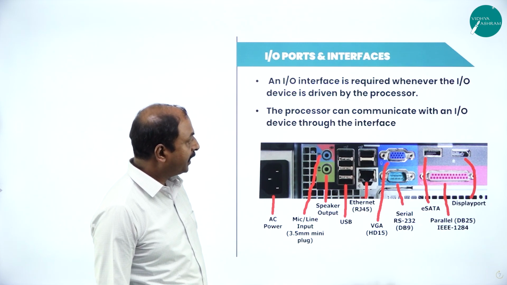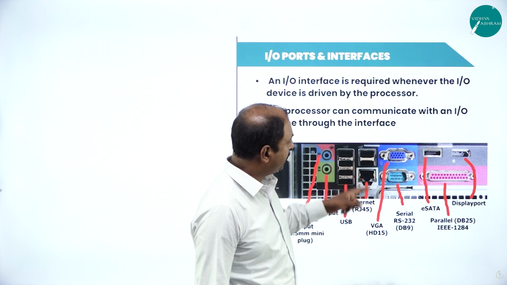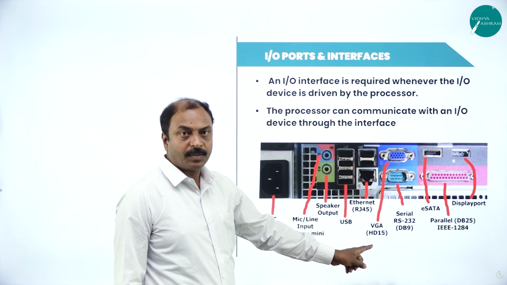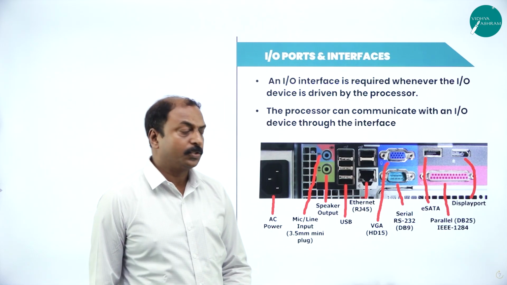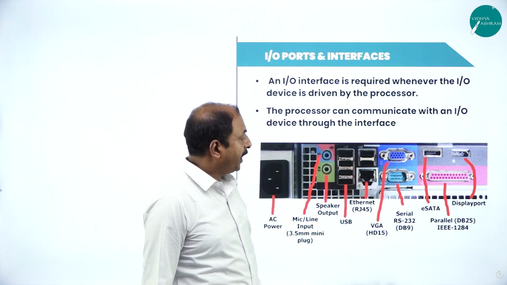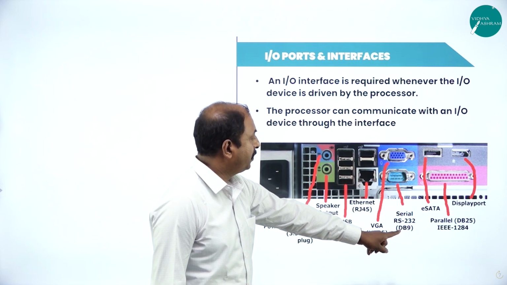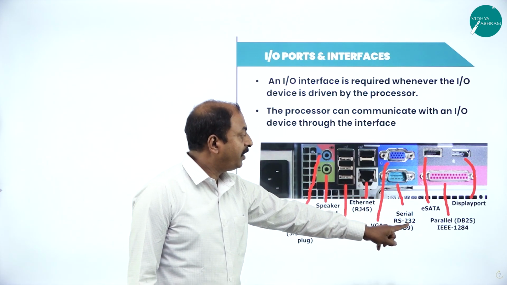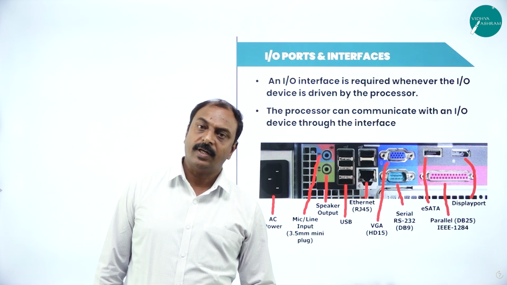Here you can find a small blue one, that is the VGA port. Normally we connect the computer monitor to this port. And here you can see the serial port. It has a 9-pin connector, where we connect devices like a mouse as well as a modem.